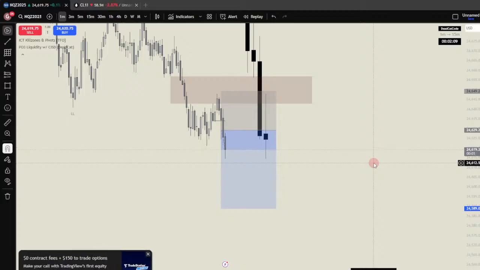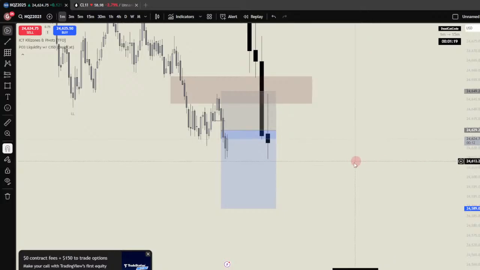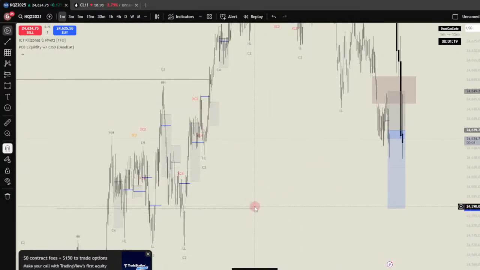All right, we're waiting for market open here. All right, as we come into market open there, I would expect this to be ran, right, because that's just liquidity.